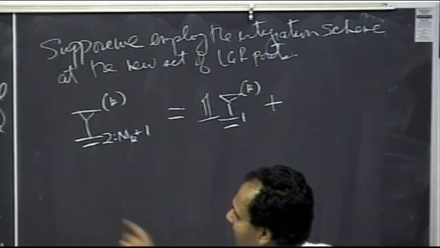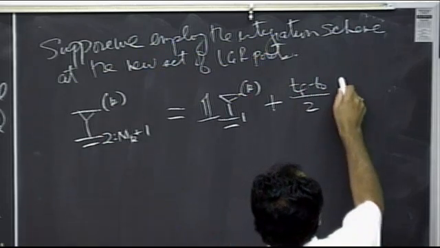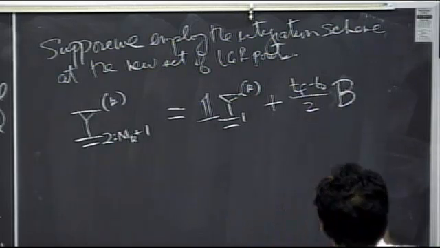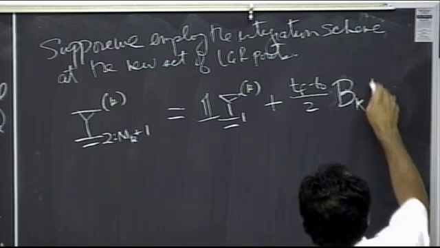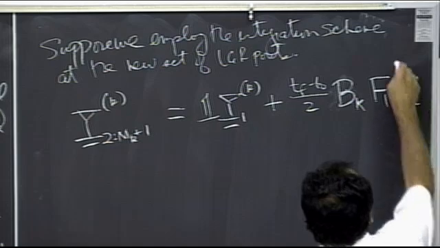Plus, now I'm going to get this new matrix, t f minus t 0 over 2 times this new matrix. I'll call this new matrix B. Okay? B sub k times f 1 colon m sub k, k.